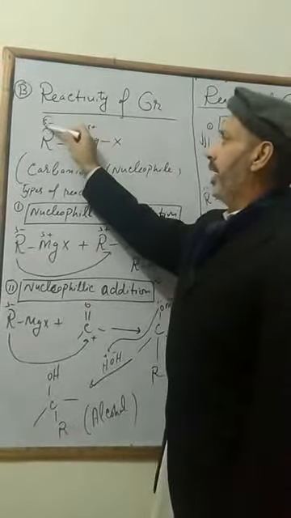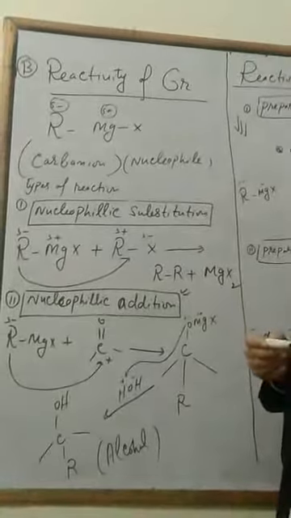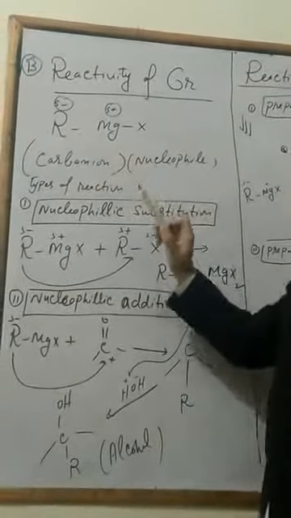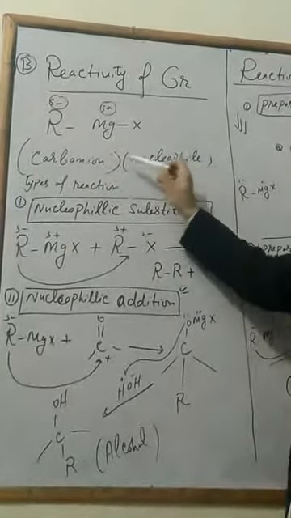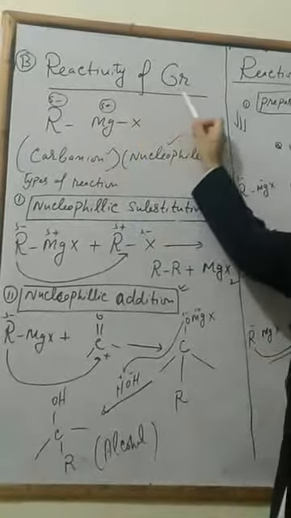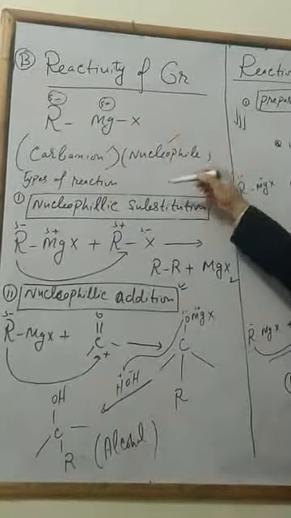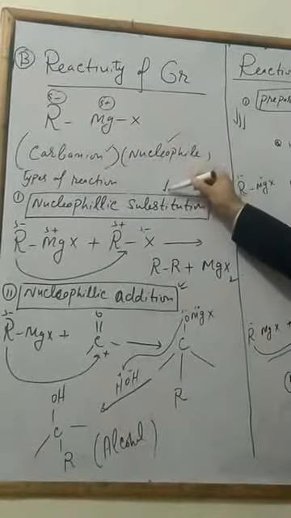Remember, when carbon bears a negative charge, it is a carbanion, and when it bears a positive charge, it is a carbocation. This is also known as a nucleophile. Due to the nucleophilic character of this carbon, Grignard reagent mostly undergoes two types of reaction.